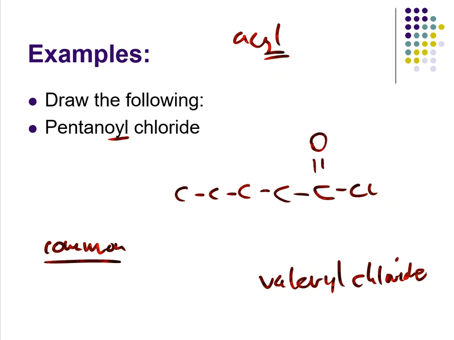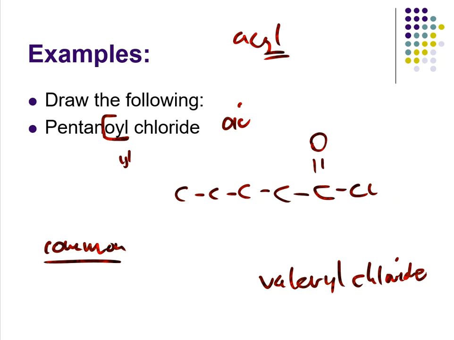Folks, I told you, simple, easy, breezy. That's all there is to nomenclature of acyl halides. Pretty much the same rehash over and over, except we've modified the ending to an OYL for IUPAC and just a YL for the common. The same thing happened in carboxylic acids.